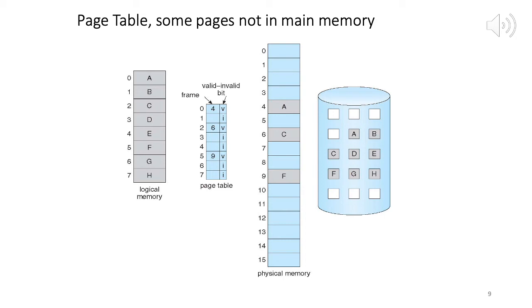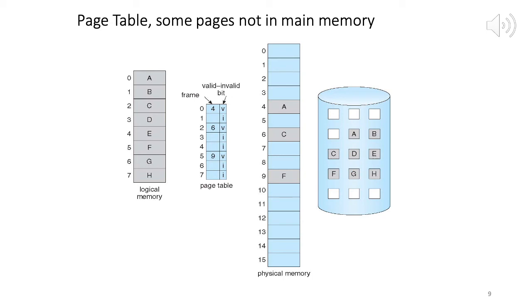So we see that we have the logical memory, right? And we have all of these pages in there. How many pages do we have? We have 8 pages, A, B, C, D, E, F, G, H. So permanently they live where? They live in the disk. So we see a disk with all the 8 pages which permanently live there. A, B, C, D, E, F, G, H. Right? How many pages? 8.